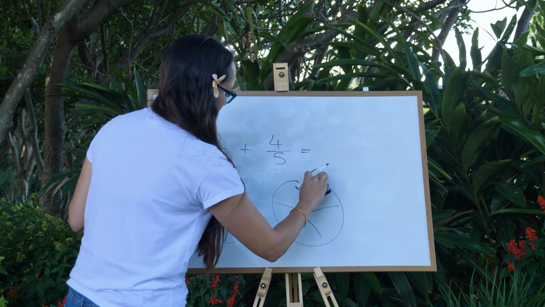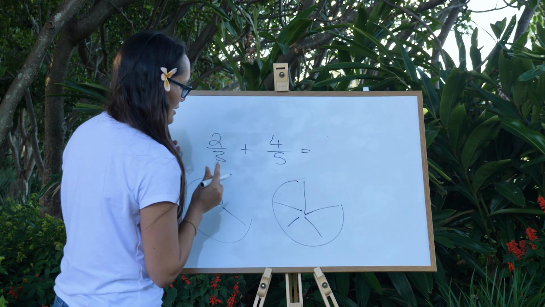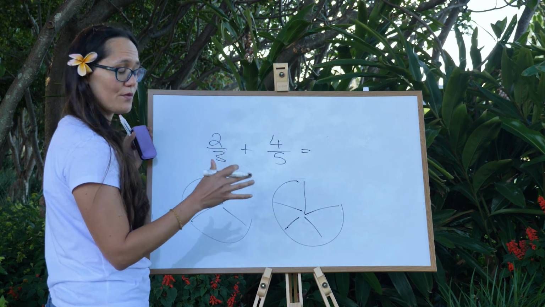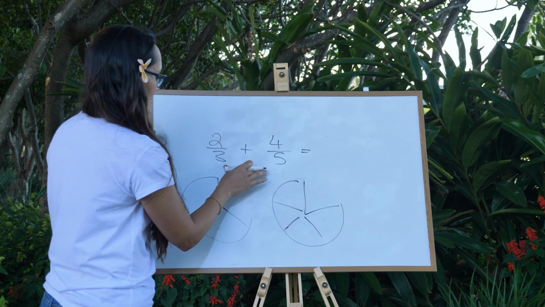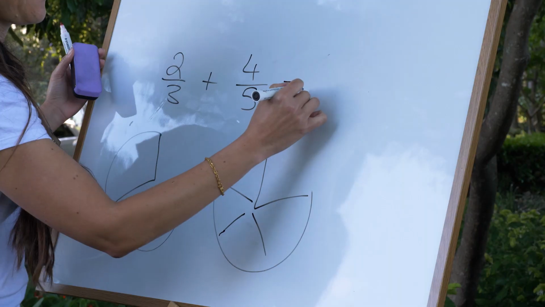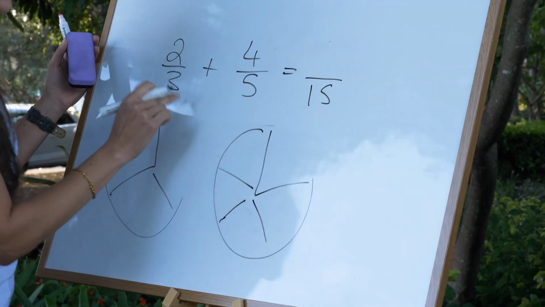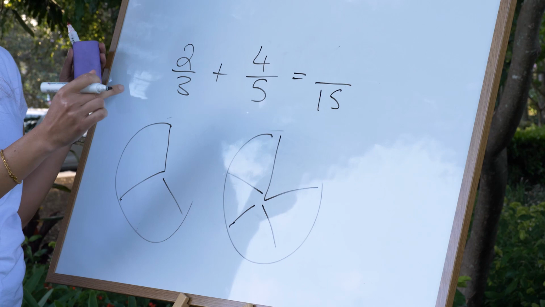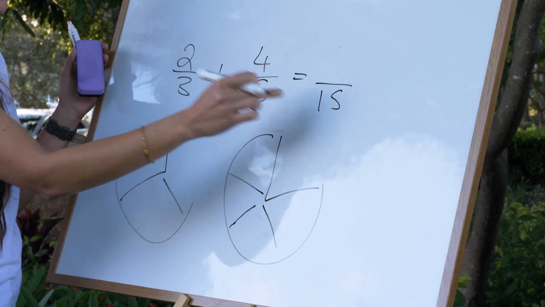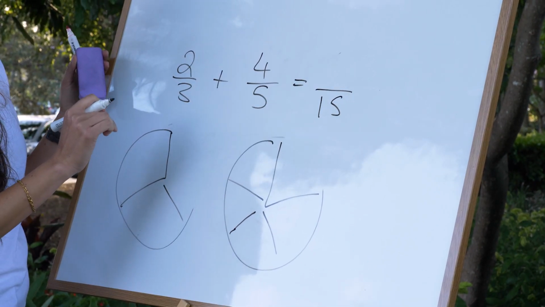This time we're going to get them into the common denominator, which is a rule you might remember. A common denominator is 15, because 3 goes into 15 and 5 goes into 15. And 3 goes into 15 5 times.